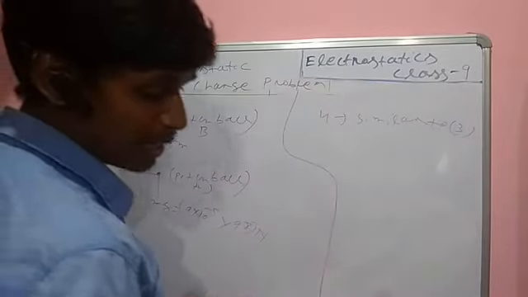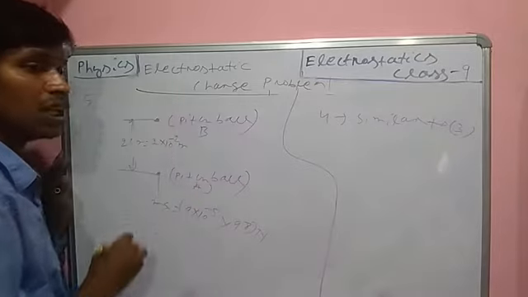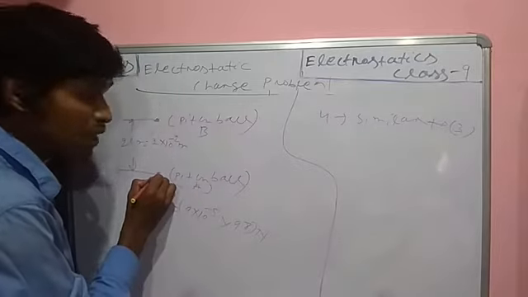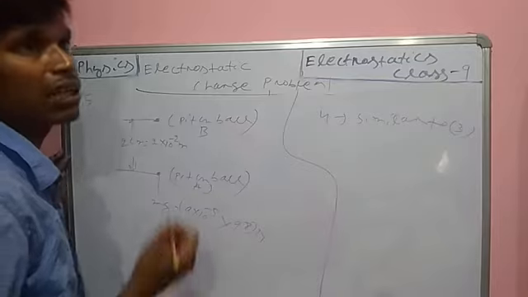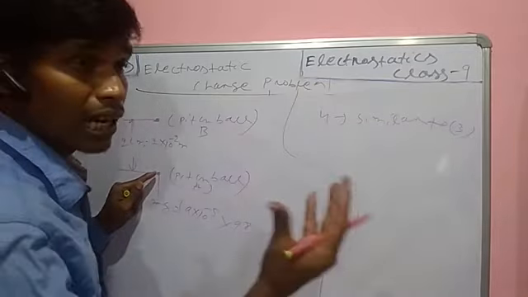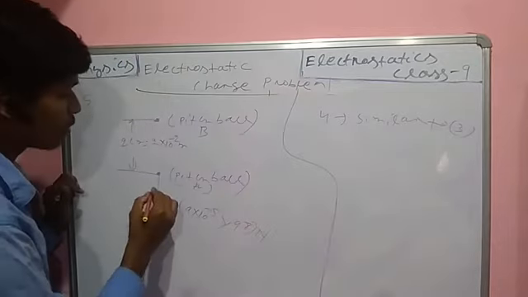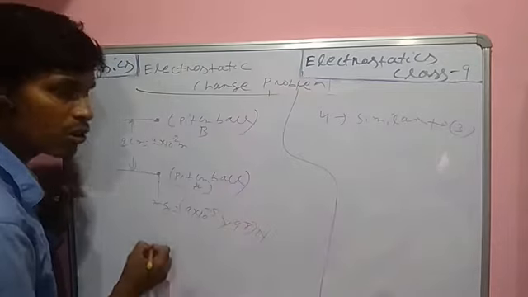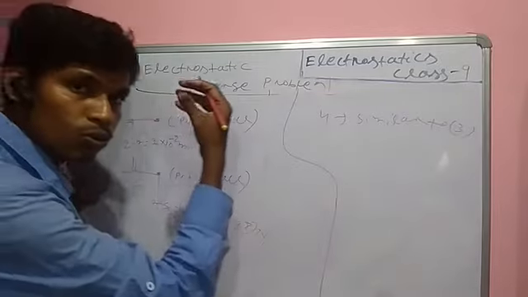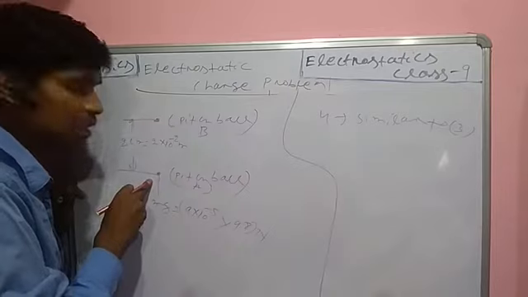The question asked is: what is the magnitude and sign of the charge of pith ball B when pith ball A is stationary? Stationary means pith ball A stays here at rest, because the weight acts in the downward direction, but according to the question it remains stationary.